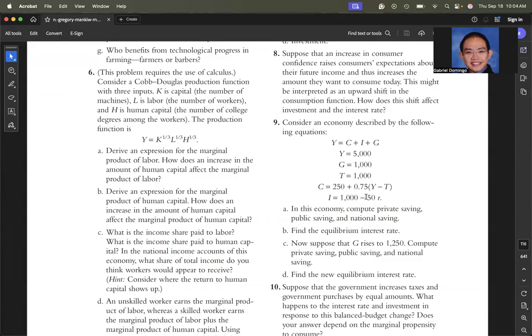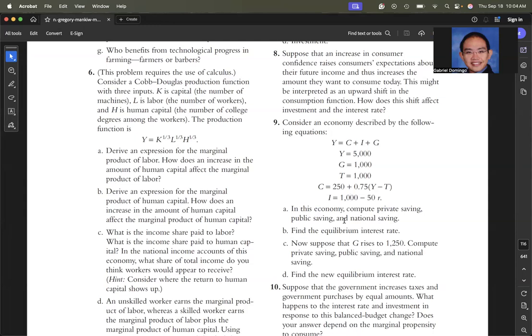So you can try to come up with whatever other toy numbers you can use to come up with S equals I in equilibrium, and try to solve for the equilibrium real interest rate, R star. All right, with that, that's it for this.